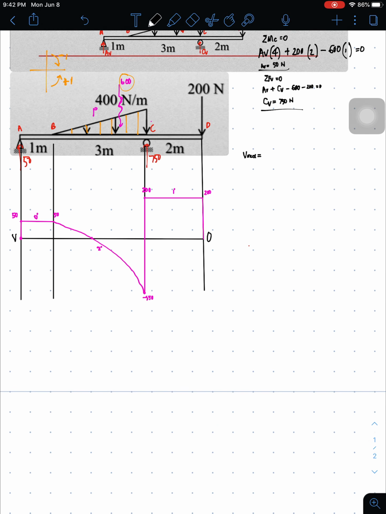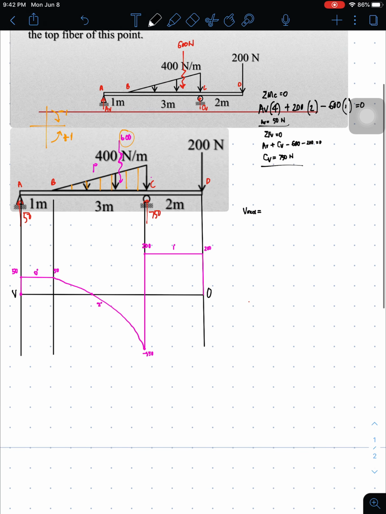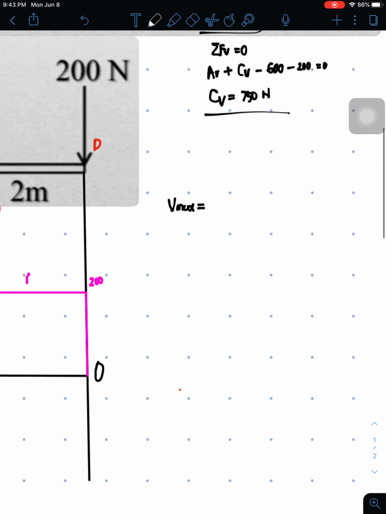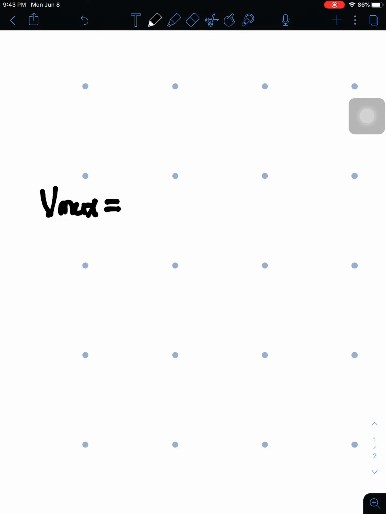So you just choose the numerical value, whichever is the biggest numerical value regardless of the sign. Okay, so among all the positive values, here I'm looking at this picture, among all the positive values, the 200 is the biggest. But among all the negative values, this is the biggest. So therefore, the maximum shear, regardless of the sign, is equal to 550.